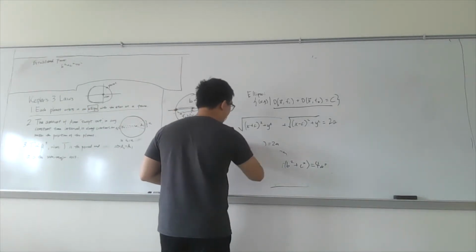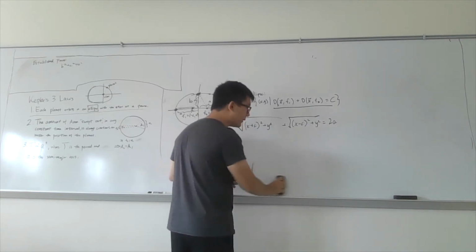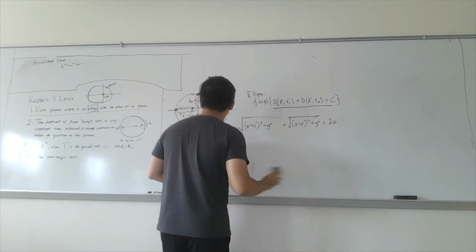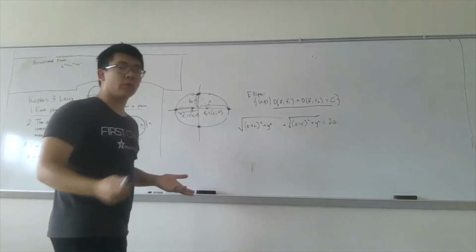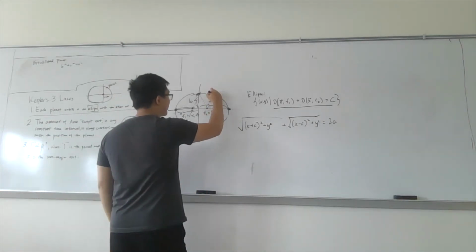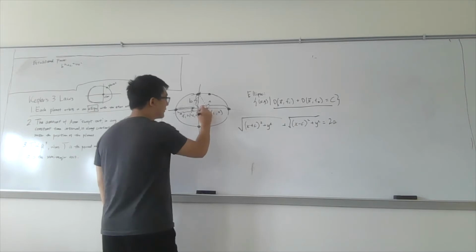There's one last point that we need to look at. We're not going to be using it for now, but we will use it in the derivation of Kepler's third law. We're going to look at this point right here, which is just simply about the focus.